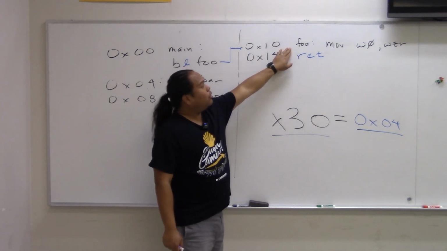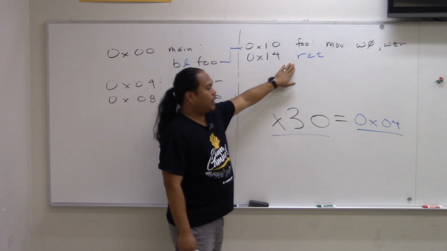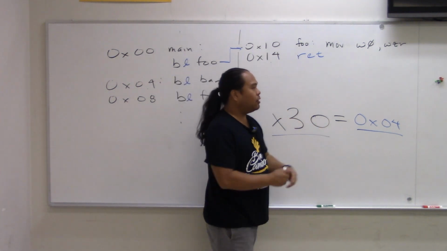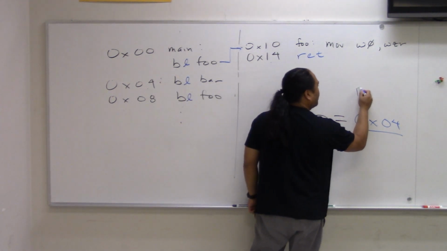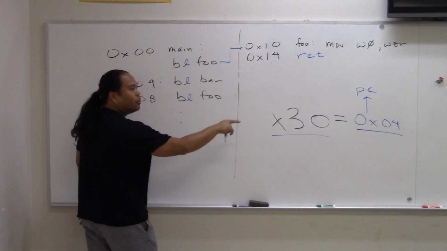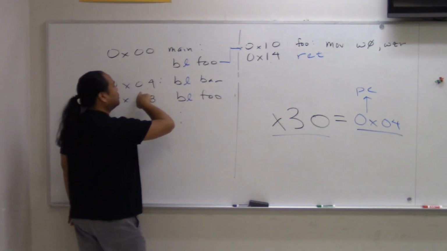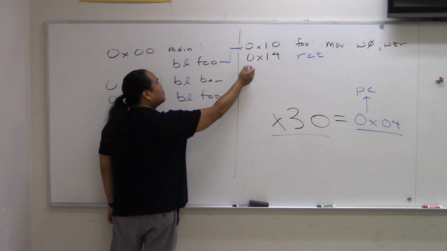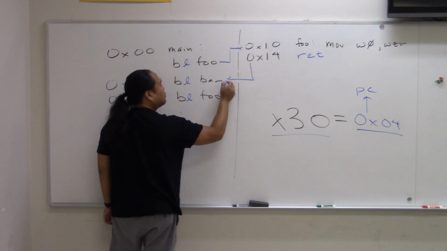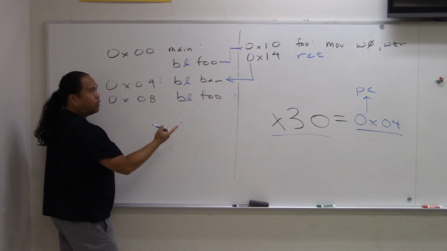We're done executing our no-op. Then on this instruction, RET, it will take this address and place that into the program counter. What does that mean? Which instruction is it? This one. All right, cool. So that appears to work.